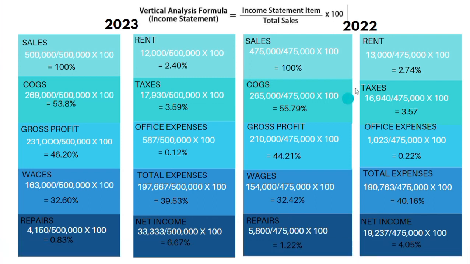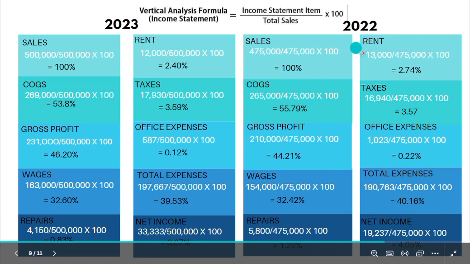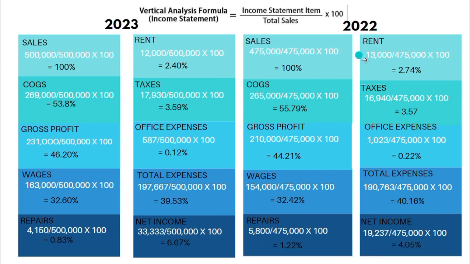Sa rent naman, meron silang 13,000 amount ng rent noong 2022 divide by 475,000 na sales times 100 is equals to 2.74%. Sa taxes naman, meron silang 16,940 na taxes noong 2022 and 475,000 sales, pagdi-divide lang ulit, times 100 is equals to 3.57%.